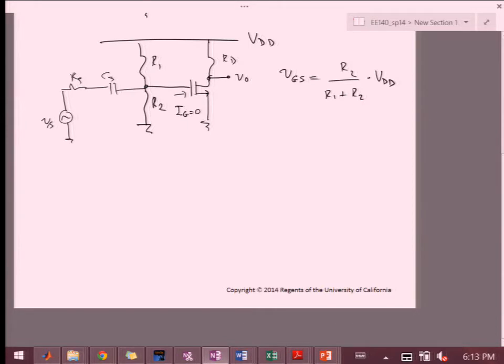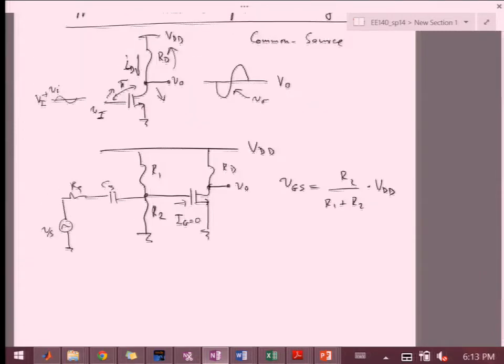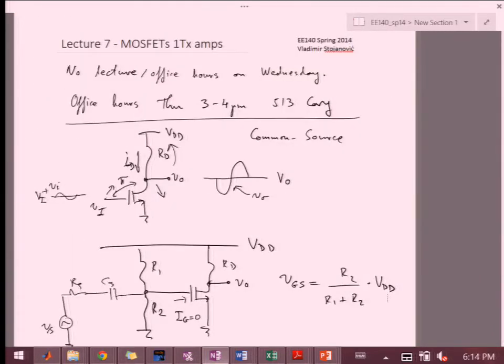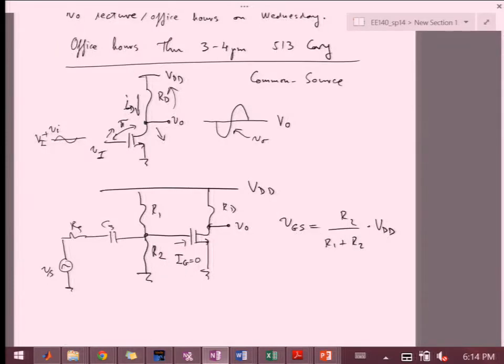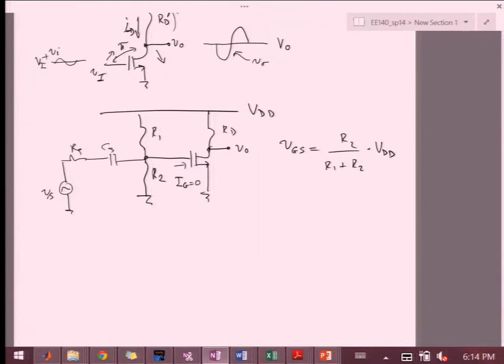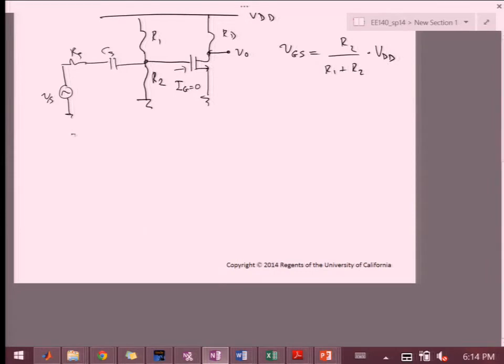Okay. If we look at this transistor over here, based on the VI and VO, we want to define three regions of operation in which I can bias this common source transistor.